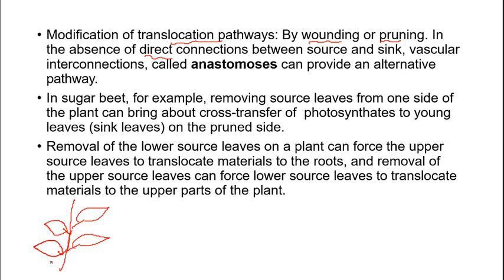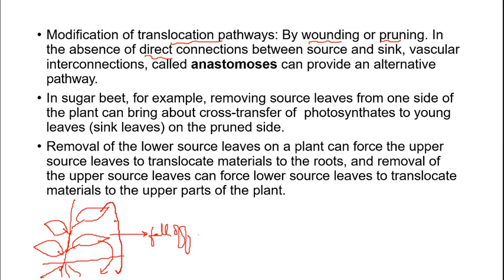Or I can take one example: these lower leaves used to transport the solute to the root, but due to any reason the lower leaves fall off. If I think of a situation where the lower leaves fall off, what will happen? Now the upper leaf will transport the solute to the root.